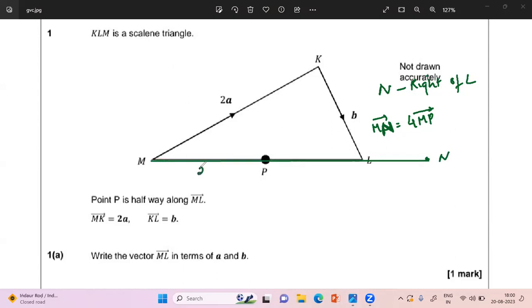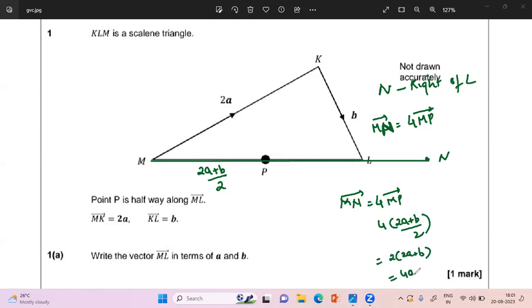MP we have calculated as 2A plus B by 2. So M to N will be 4 times MP. That means 4 times 2A plus B by 2, which is 2 times 2A plus B, or 4A plus 2B. That is your final answer. Now, everyone, let me know, is it clear?